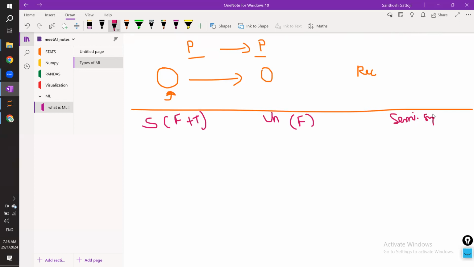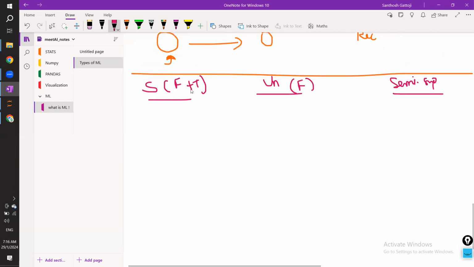Over here, it's a combination of these two. When you initially got the data, it is kind of unsupervised. That means you don't have any output variable. You just have the data.